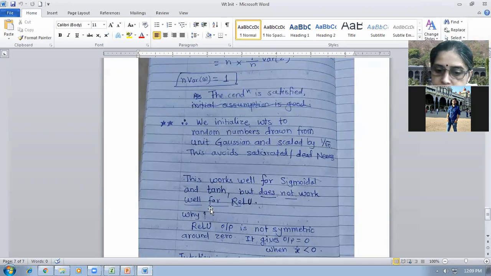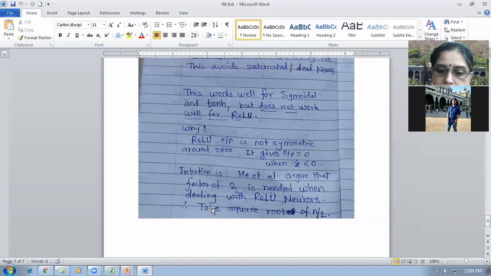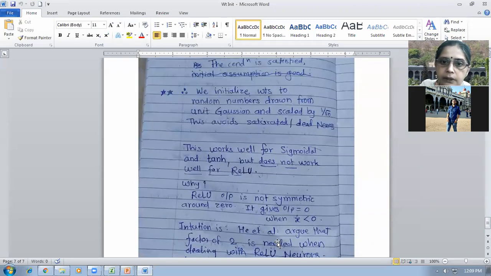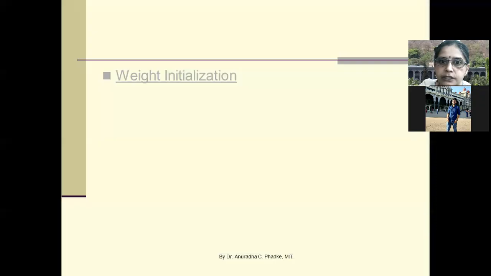If we are using the ReLU activation function, instead of the square root, we scale it by n by 2. So this is about weight initialization.